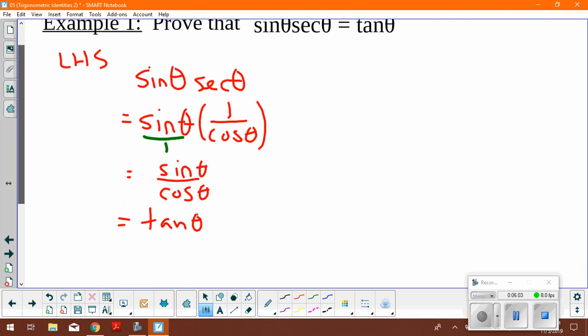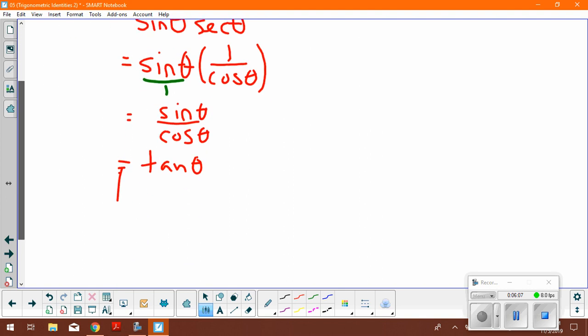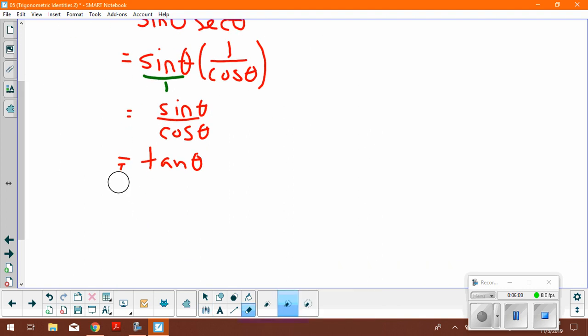And boom, we're already done. This equals the right-hand side, and we're finished. Obviously that was a nice one. It will build up to slightly more complicated things as we go through.